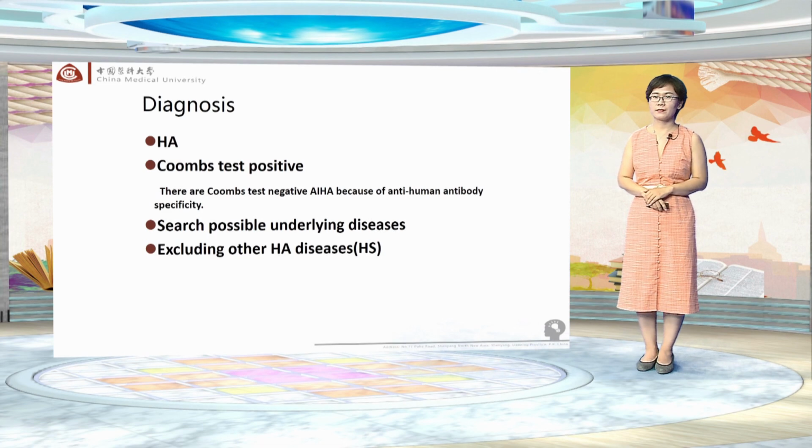It should be noticed that there are also Coombs test negative autoimmune hemolytic anemia because of anti-human antibody specificity. We should search for possible underlying diseases and exclude other hemolytic diseases, such as hereditary spherocytosis.